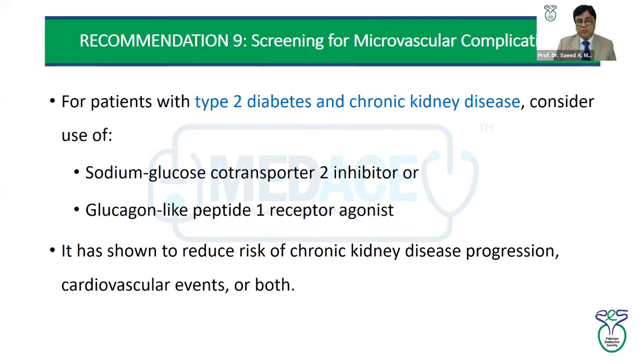So someone who has chronic kidney disease, apart from the use of ACE inhibitors or ARBs, should be on SGLT2 inhibitors or a GLP-1 receptor agonist for the management of diabetes, as they have a protective role on kidney function.